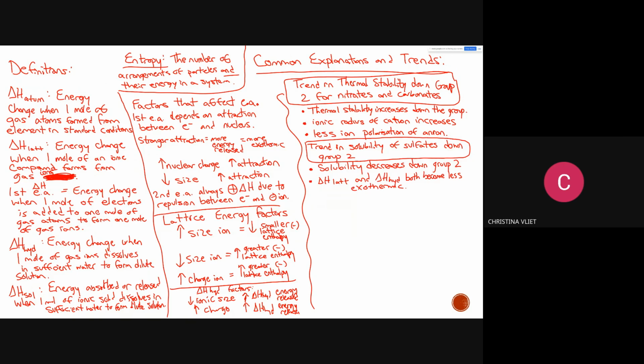Why do they both become less exothermic? Because, as I said here, as we go down the group, the size of the ions gets larger, and if the size of the ions gets larger, we have both a smaller lattice enthalpy and a smaller delta H of hydration. It's the same factors for both.